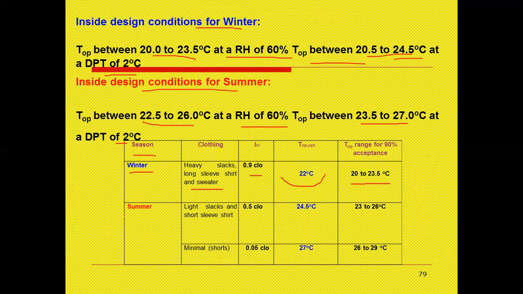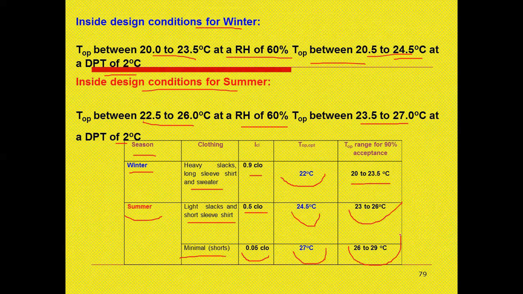Coming to the summer, light slacks and short sleeve shirts, 0.5 clo, 24.5 degrees centigrade, range 23 to 26 degrees centigrade. For minimal shorts, the clothing is 0.05 clo and T operative is 27 degrees centigrade, and the T operative range is 26 to 29 degrees.